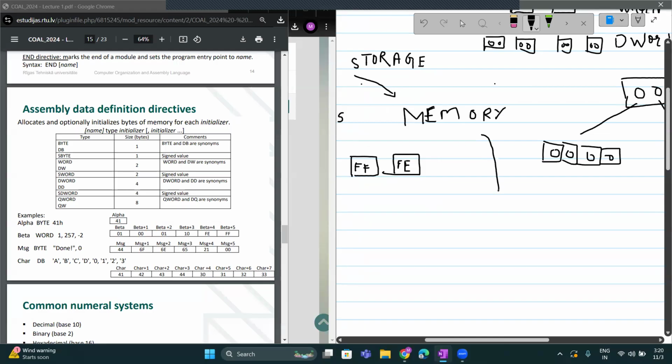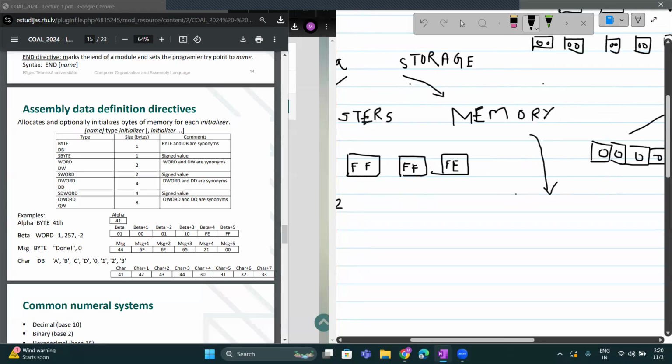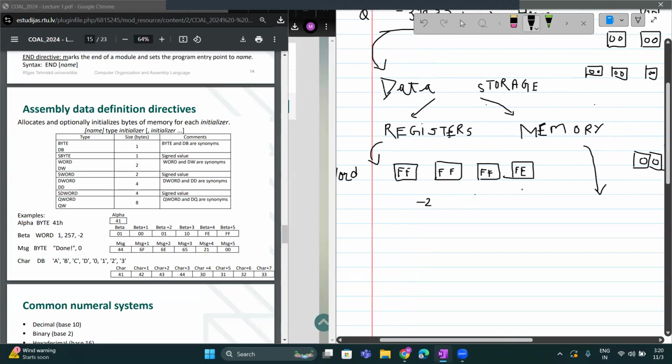And in memory, this data is represented slightly differently.